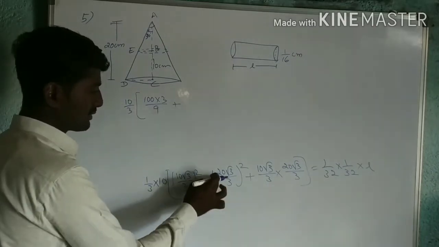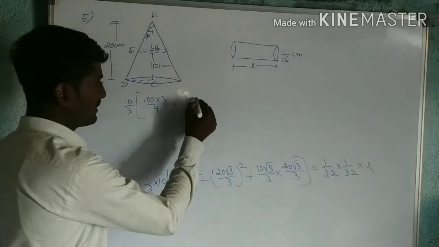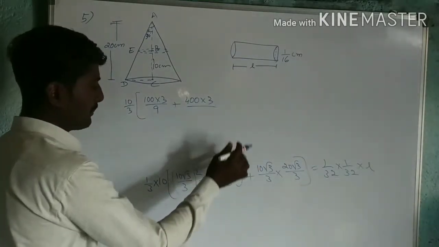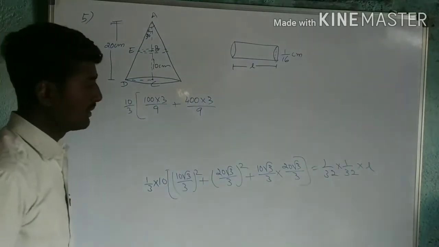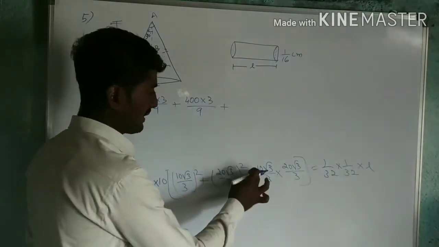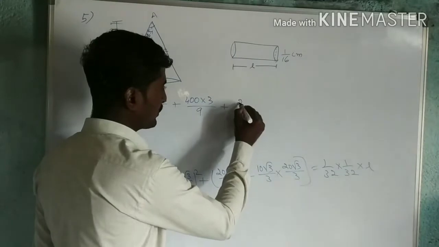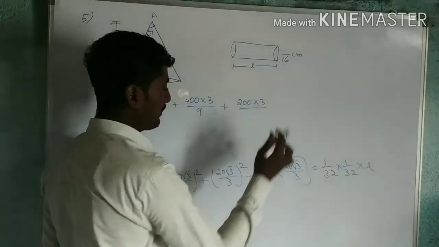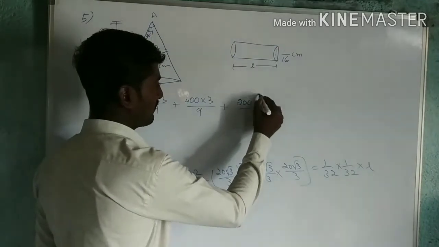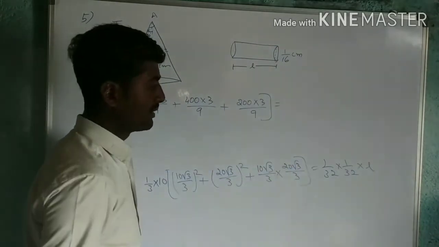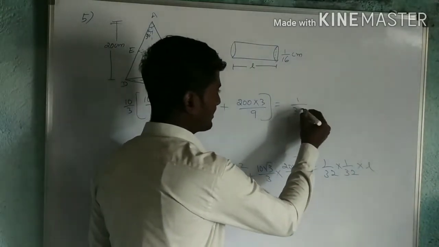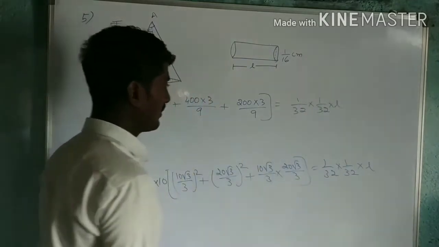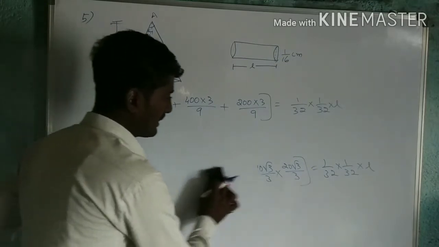Plus here also 20 square, that is 400 into root 3 square, which is 3, divided by 3 square, which is 9. Plus 10 into 20, that is 200, root 3 into root 3 is 3, divided by 3 is 9. Now this is equal to, I'll write it as it is, 1 by 32 into 1 by 32 into L.